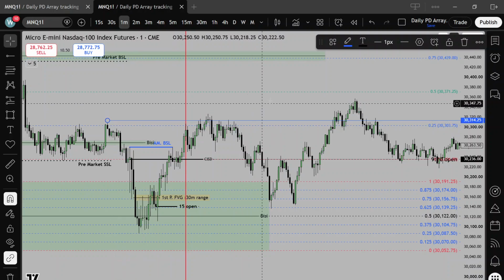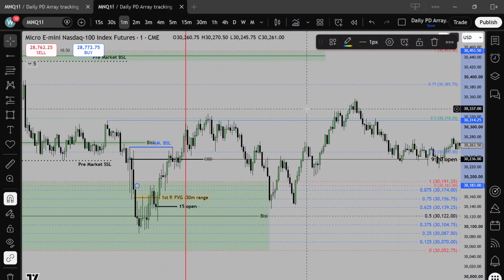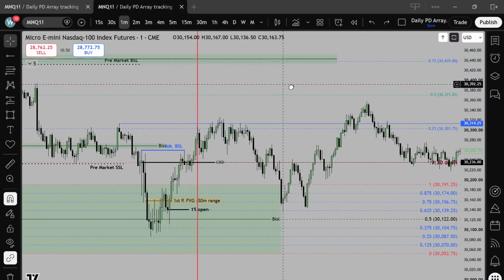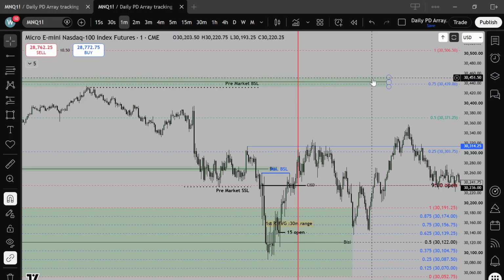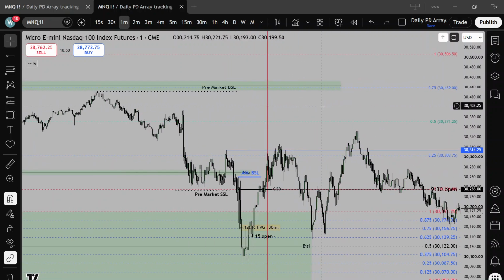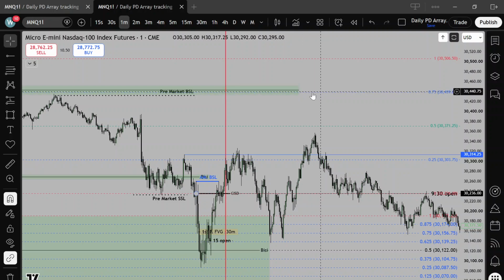Again, that's electronic trading hours. Our regular trading hours is this pre-market, or electronic trading hours is this pre-market buy side, but the bigger draw on the 15-minute bellwether chart is this inefficiency here.